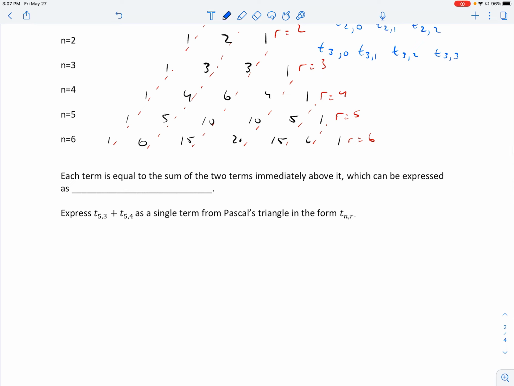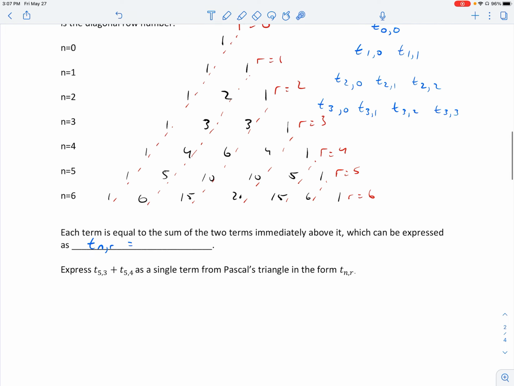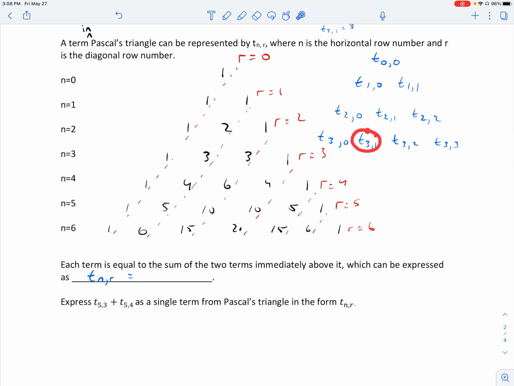So for Pascal's triangle, we can say that each term is equal to the sum of the two terms immediately above it, which can be expressed as follows. Any entry that we're looking for, T of n comma r, that's row and diagonal, is going to be equal to, so if I was looking for, let's say, this one, I have to add the two that are directly above. So notice what happens is the row number goes down one, and the diagonal is one to the left for one of them, and the other one is the same.